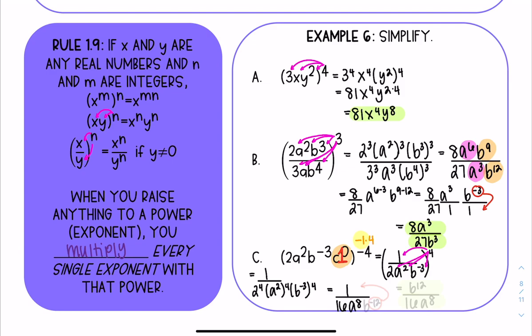We get a to the 8th and then b to the negative 12. And the last step is to move the negative power up. We end up with b to the 12th over 16 a to the 8th.